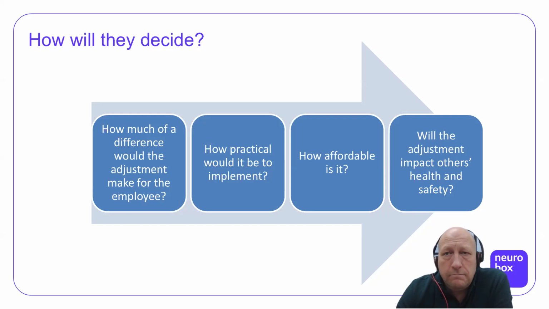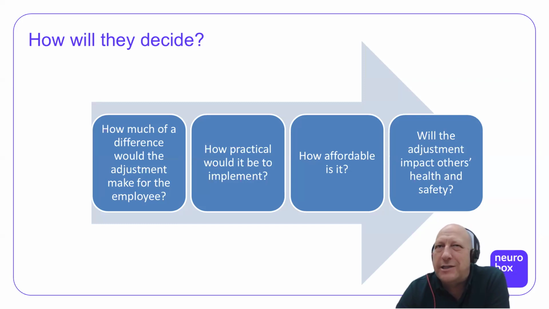That said, there are a few filters, if you like, a few questions that we can apply to an adjustment to help decide whether or not it may be considered reasonable. And those are these four things that I've put on this slide. So probably the first filter that we put an adjustment through is how important is this adjustment to this individual?